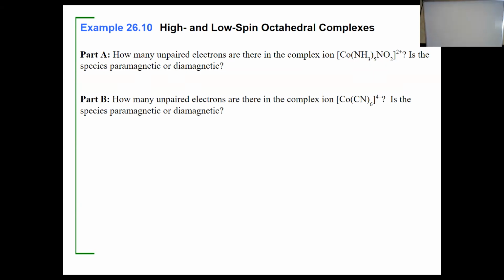Unsurprisingly, they're giving us strong field ligands to consider now so that we can see how it's different. So we're going to start with CO, NH3, 5, NO2, 2 plus.